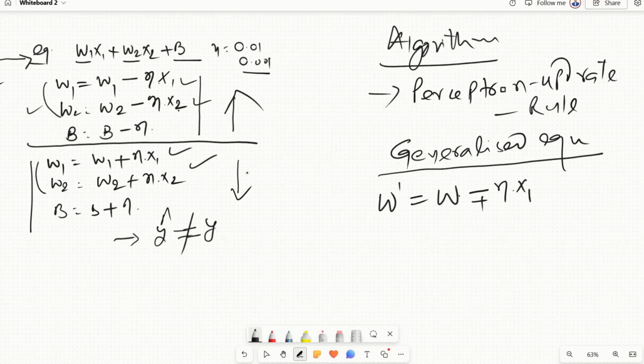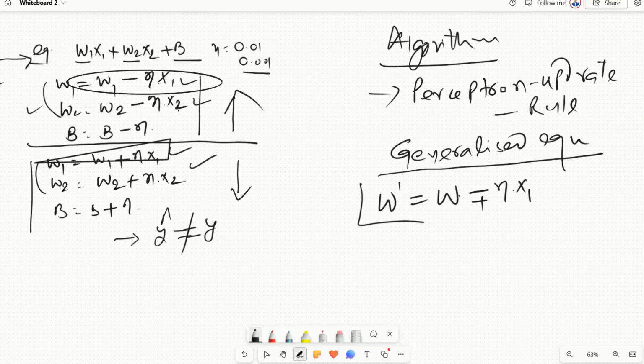If the direction is negative, then it will be plus. So there are only two possibilities. I'm combining this equation and this equation into one single equation.